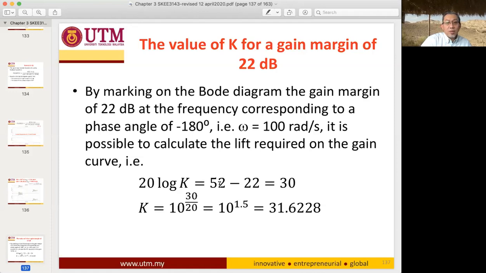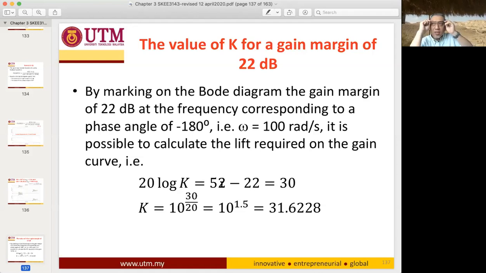But if given in the Excel, you can see that this 52, you assume as the gain margin before compensation. Oh, maksudnya 52 tu before gain compensations. 22 ni after. Jadi beza dia tu adalah 30 yang kita kena shift the gain curve up.